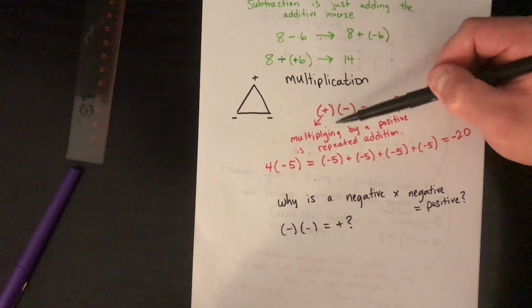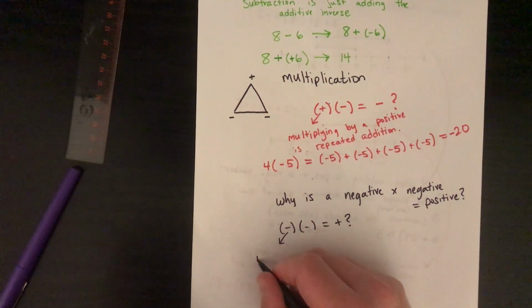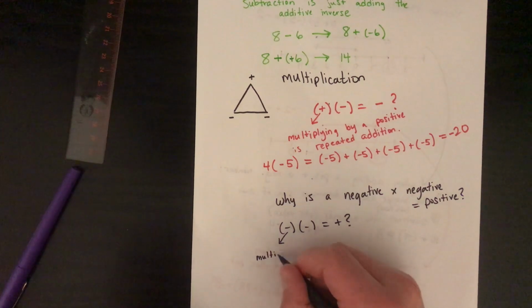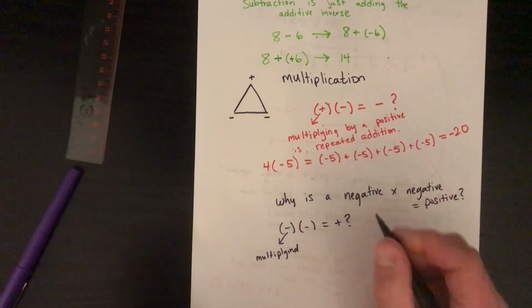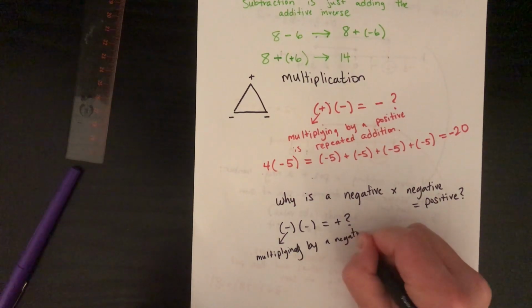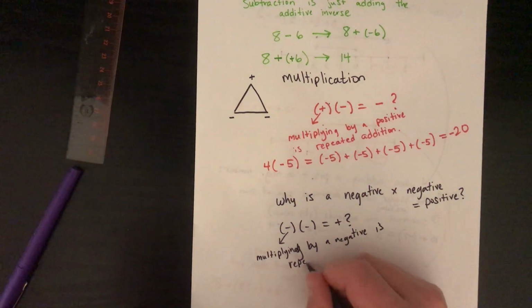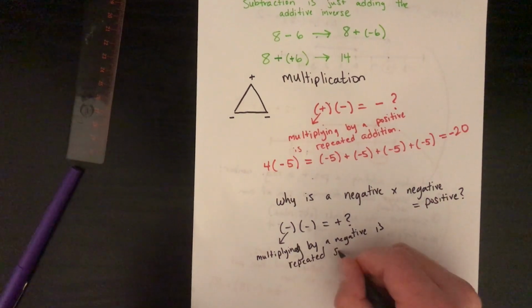If multiplying by a positive is repeated addition, you could think of multiplying by a negative as repeated subtraction.